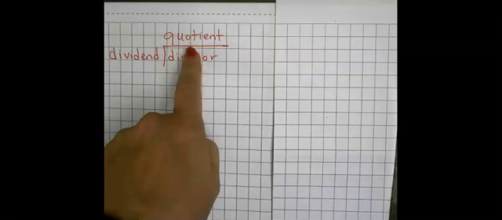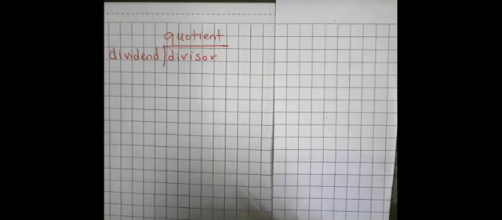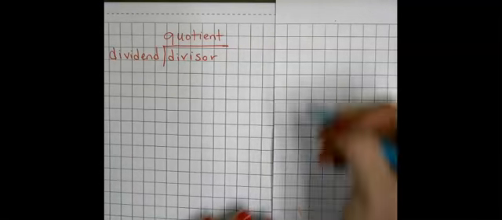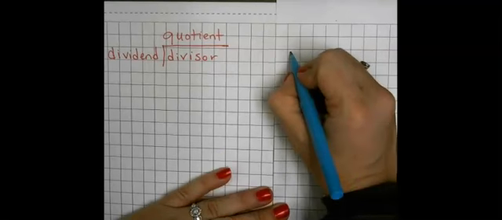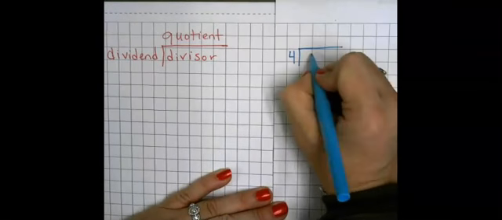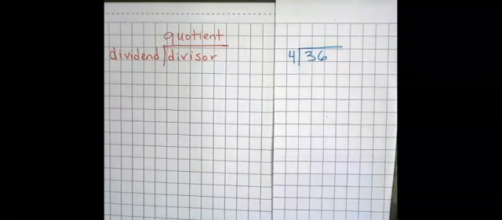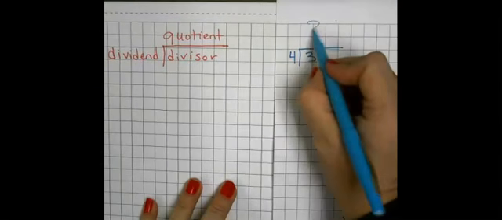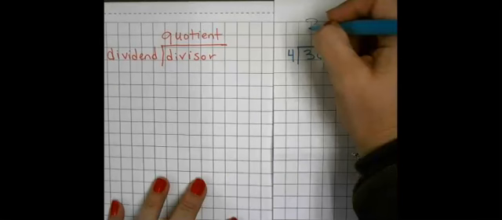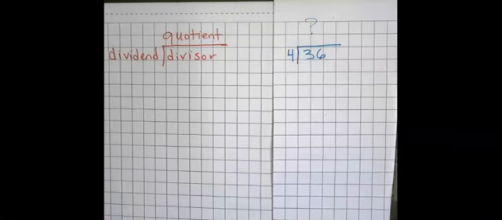And then up here on the top, you have your answer, what we call the quotient. Okay, so in this situation, we are dividing 36 by 4, right? And we're looking for our answer. What is going to be our answer?